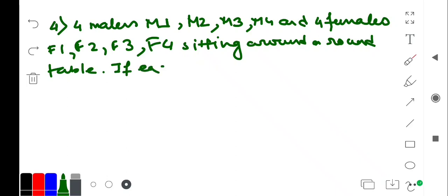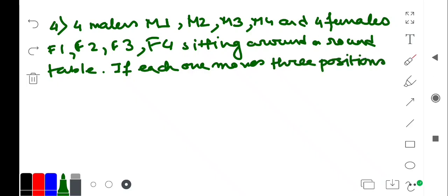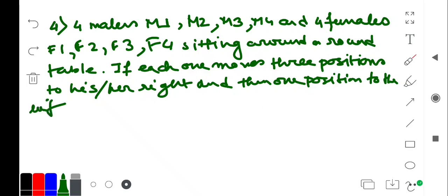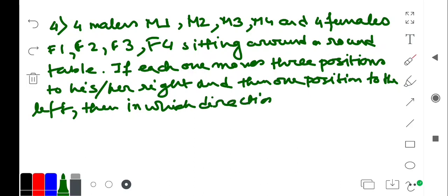If each one moves 3 positions to his or her right, and then one position to the left, then in which direction does F4 face?